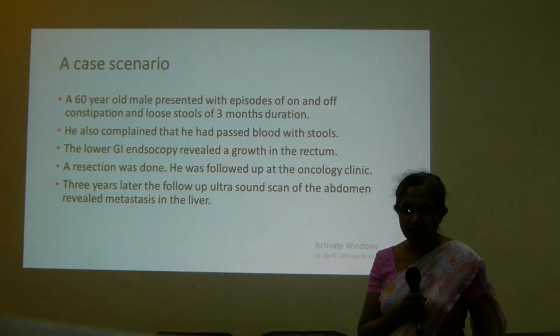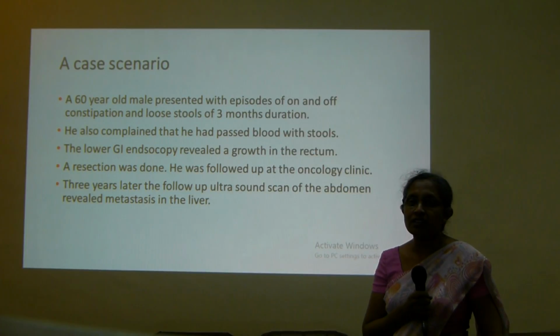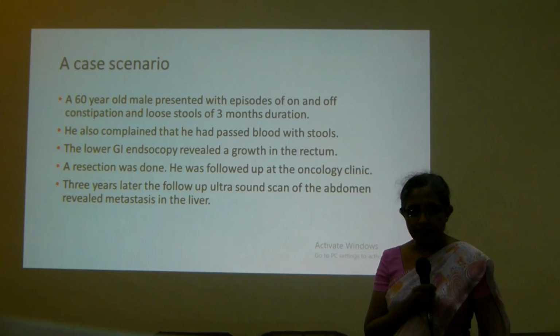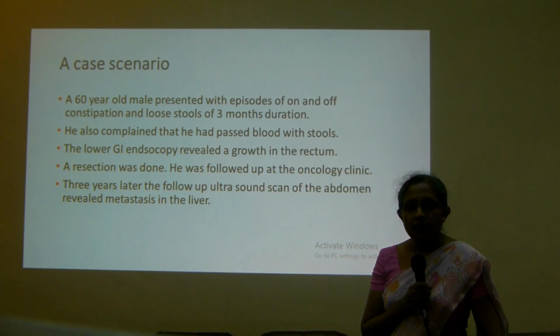The surgeon decided to take an endoscopic view of whatever the lesion in the lower gastrointestinal tract. So they went ahead and did an endoscopy to find that there's a growth in the rectal region.